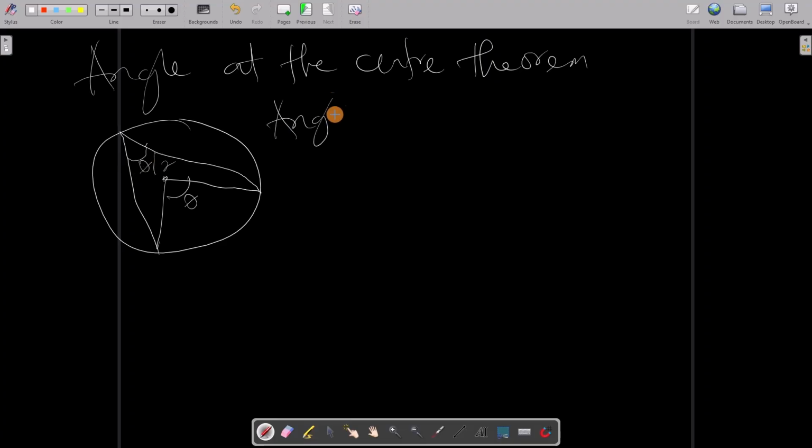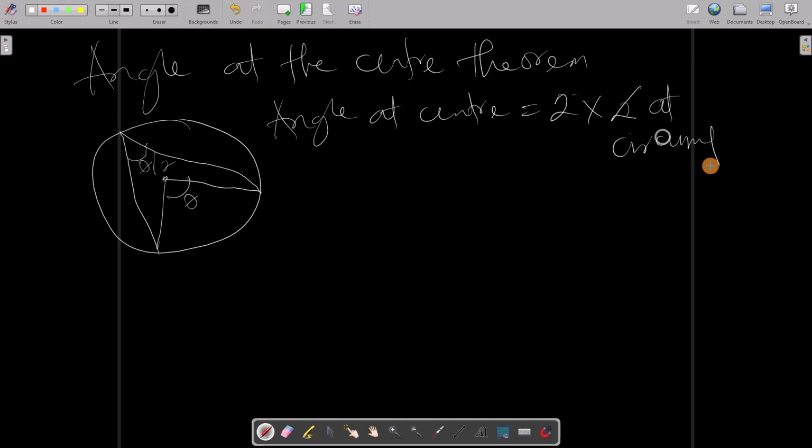This angle at the center is equal to 2 times the angle at the circumference.